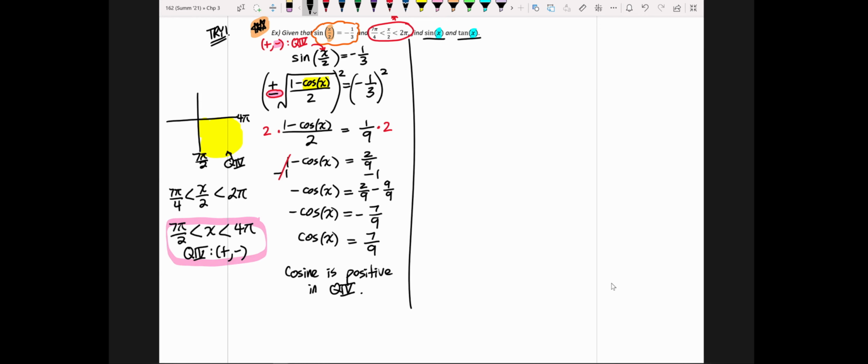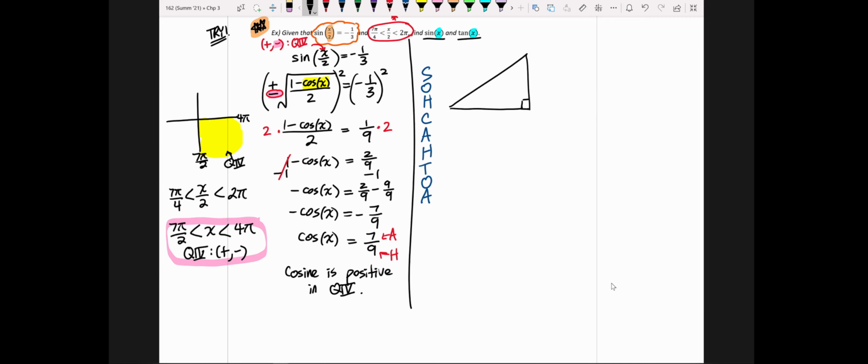So once we have one trig function, we can use the right triangle method to find any trig function. Remember that cosine gives you the ratio of adjacent to hypotenuse. So we draw in our right triangle. Let's go to Jacob.